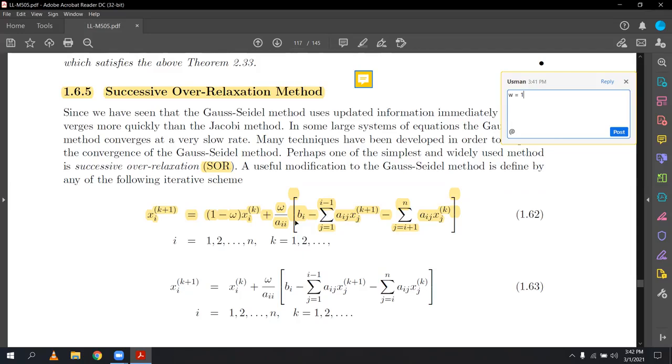So the modification is that we introduce in the Gauss-Seidel formula a relaxation parameter, which we call omega. And the range of omega is this one.